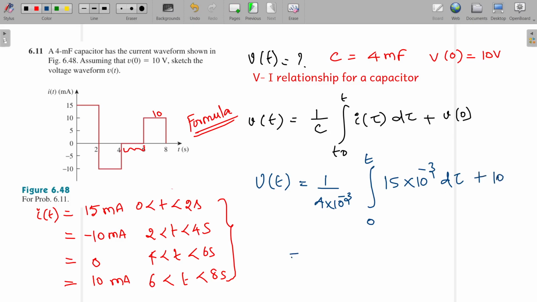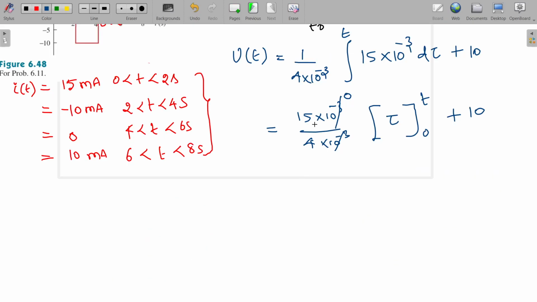So this is equal to 15 into 10 power minus 3 divided by 4 into 10 power minus 3. You can cancel these two, and this is already taken outside, so only the d tau remains. For d tau, the integration is tau, and the limit is 0 to t, plus this 10. So 15 by 4 is equal to 3.75.